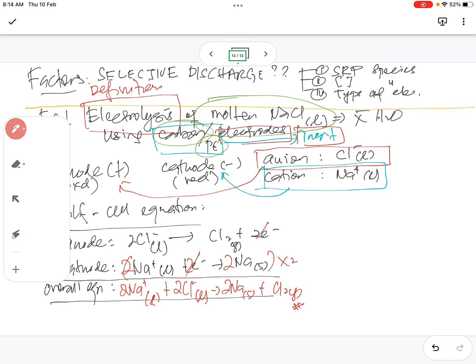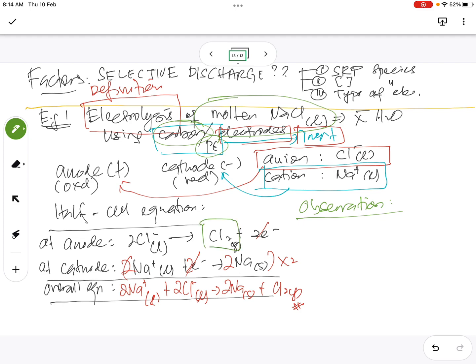Kita ada special sikit. Kita tak fokus benda ni di electrochemical cell, 10.1, 10.2. Tapi certainly electrolytic cell kena beritahu iaitu apa yang dikenali sebagai observation. Observation, what you can see with your eyes. So first one, kita nampak gas ini terbebas.